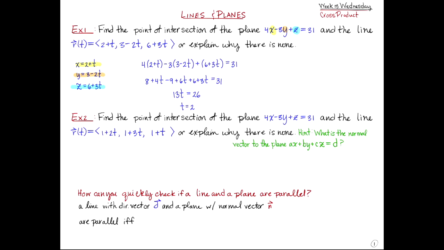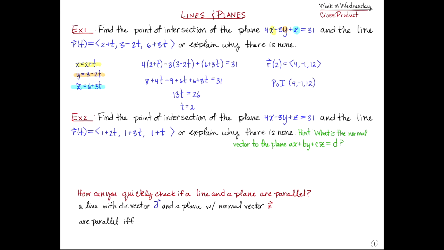Subbing that back into our equation of a line, r of 2 is equal to 4, negative 1, 12. That's a vector, and we're looking for a point of intersection. So make sure that you always write your final answer as a point and not a vector. Here, our point of intersection is 4, negative 1, 12.